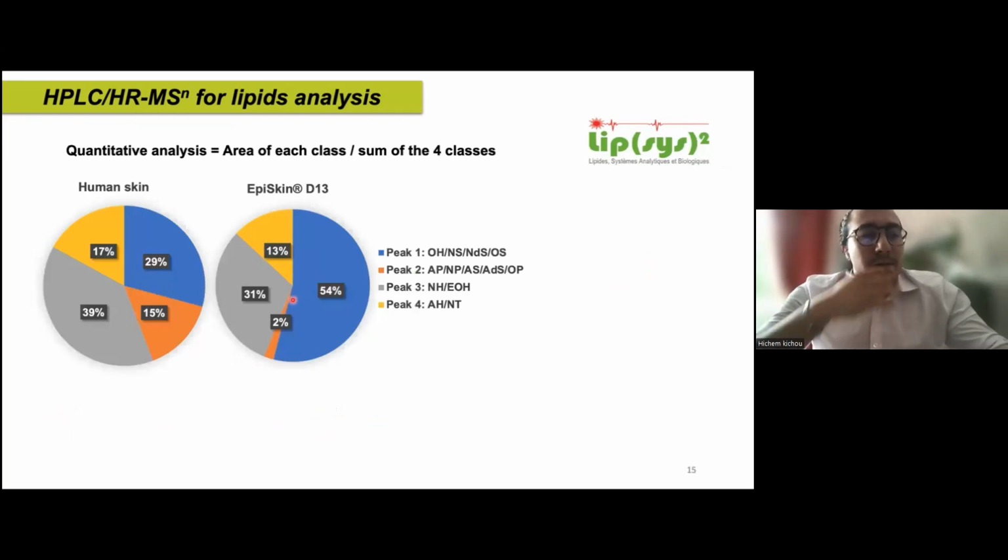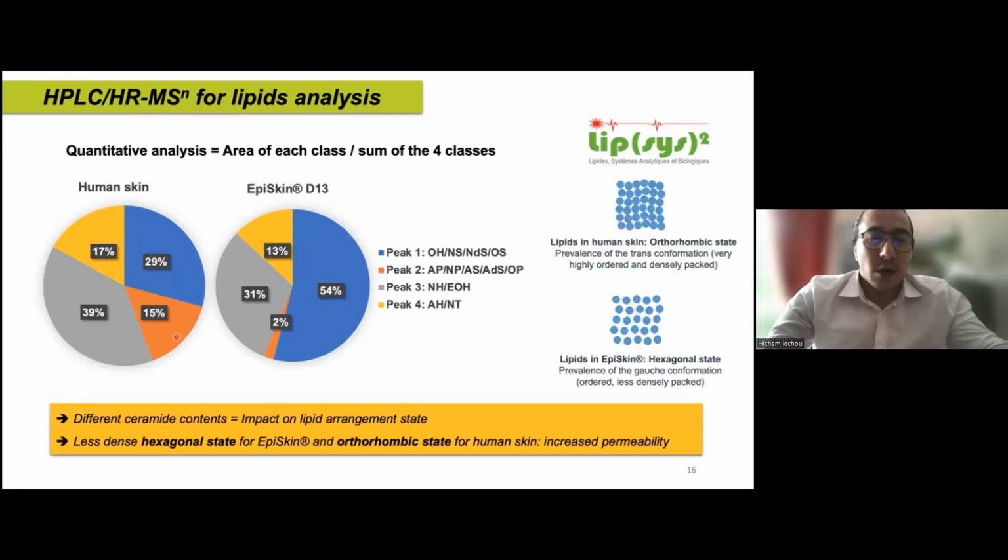The results show quantitative differences, notably in peak 2, represented in orange here, which was 7 times greater in human skin compared to EpiSkin.